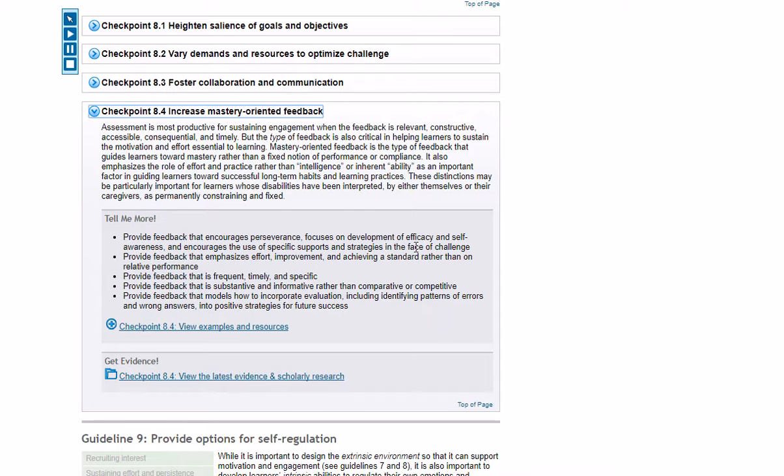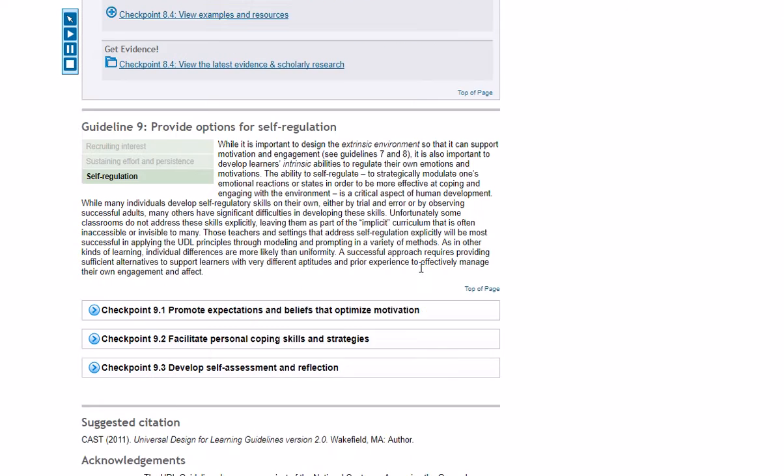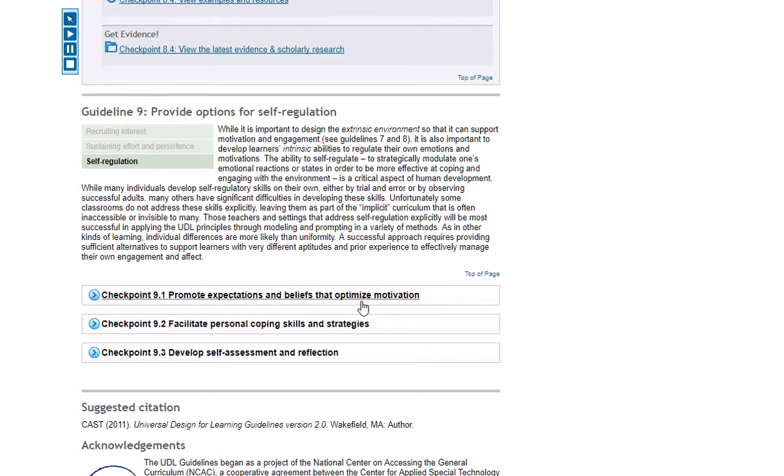That's the goal, the feedback needs to be relevant and timely. And then finally to provide options for self-regulation. So give them expectations, facilitate personal coping skills, and then to develop self-assessment and reflection.